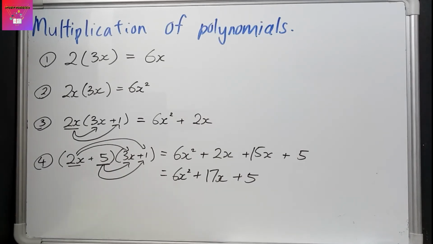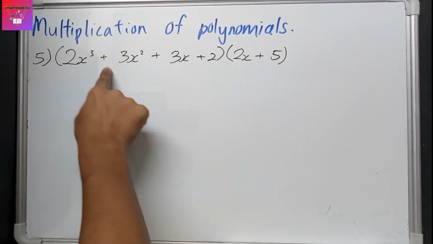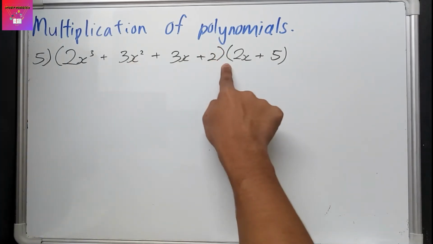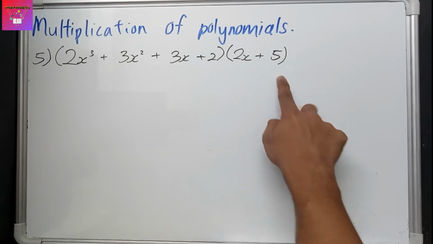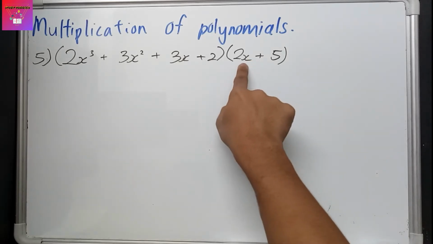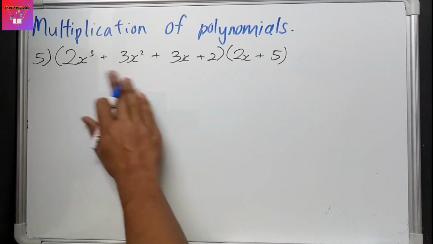Now let's move one step higher, where we're going to multiply complex polynomials. Let's take a look at this example. We have (2x cubed plus 3x squared plus 3x plus 2) multiplied with (2x plus 5). It's exactly the same method as the previous example, where we multiplied the terms one by one.